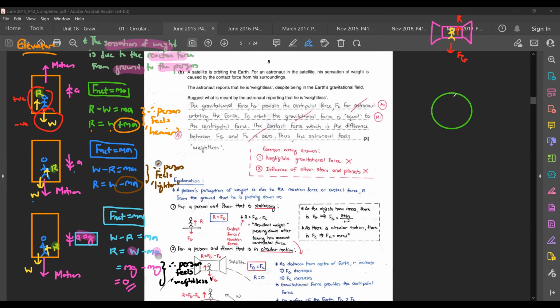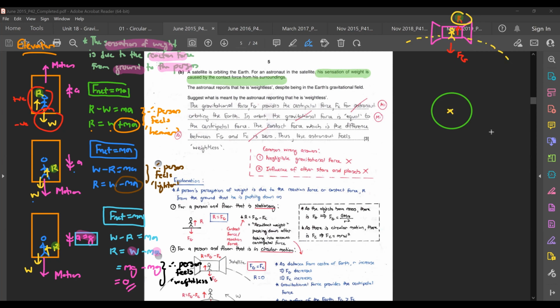Okay. So now what you want to do is to look at what happens to this R. This R is what causes your sensation of weight. That one is already mentioned by your question right over here. His sensation of weight is caused by the contact force from his surrounding. It's actually referring to this R here. Okay.